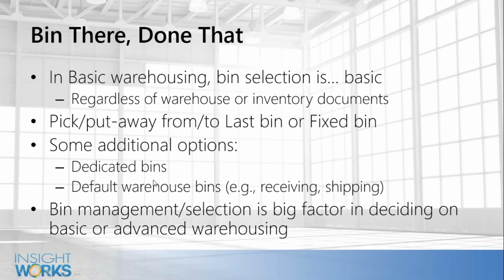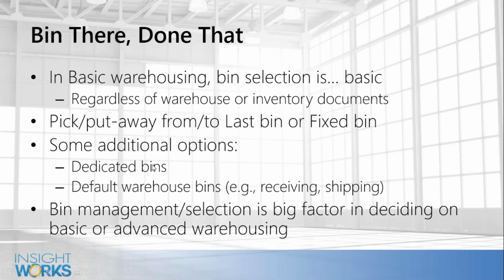A couple of options are the dedicated bins I mentioned briefly earlier. What that allows you to do is prevent picking from specific bins. And so those are often used in production and areas like that, where you can say, hey, this bin is specifically tied to this production area, so nobody's allowed to pick from it. I'm going to move product into that, and then it's going to be used by production and nobody else.